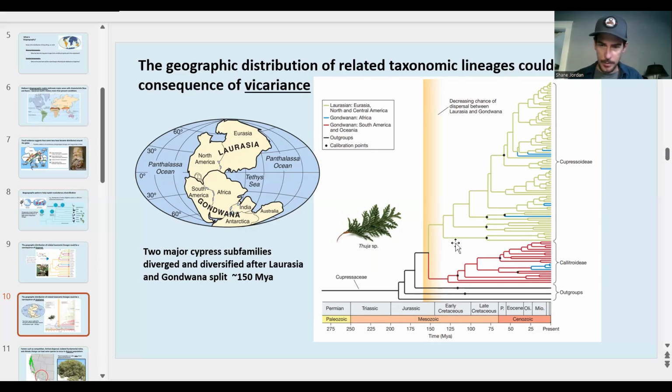And so we see this is one major subfamily here. It became separated as one or two of these continents became isolated from the other continents that ultimately separated on their own. And so this is how the process of vicariance can lead to diversification, as opposed to how the process of dispersal can lead to diversification.